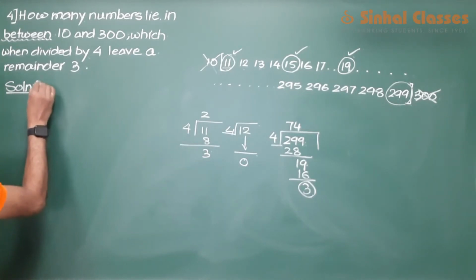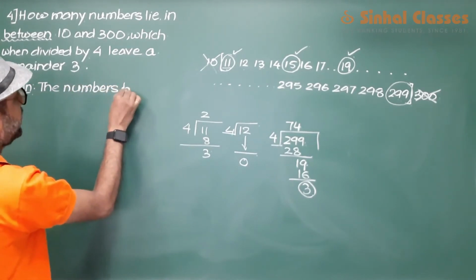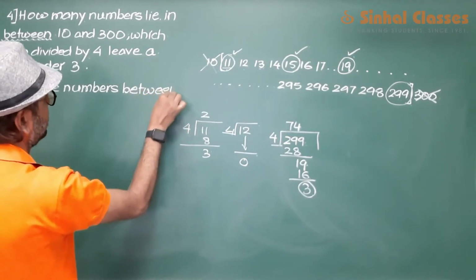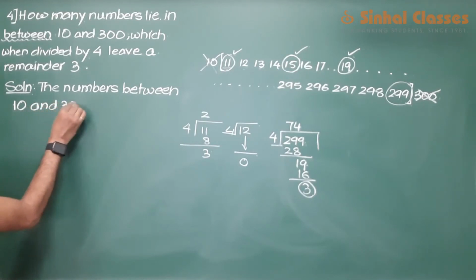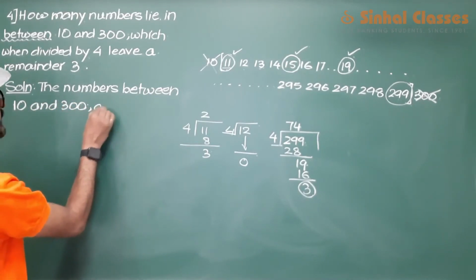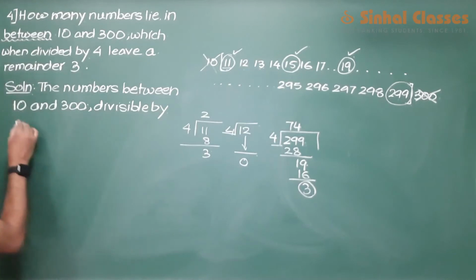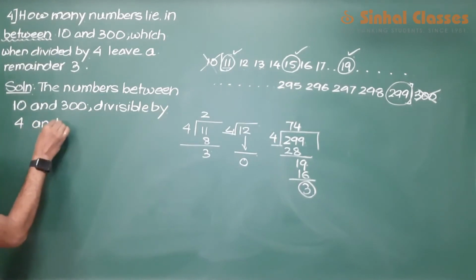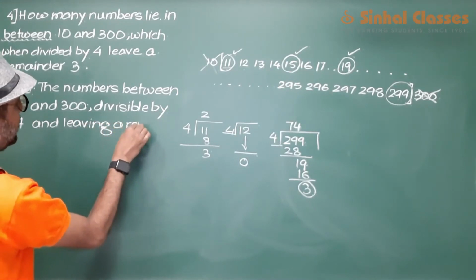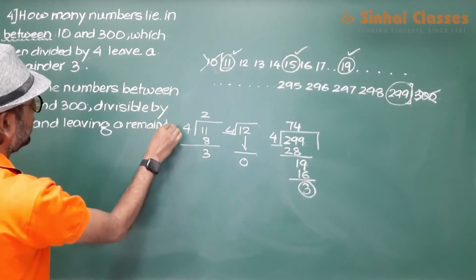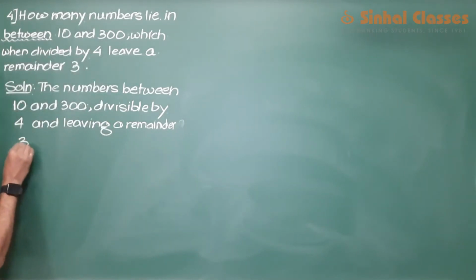So we will write the numbers between 10 and 300 divisible by 4 and leaving a remainder 3 are.